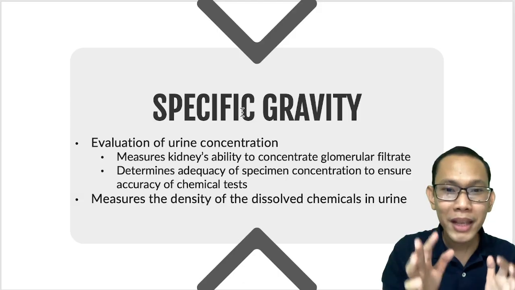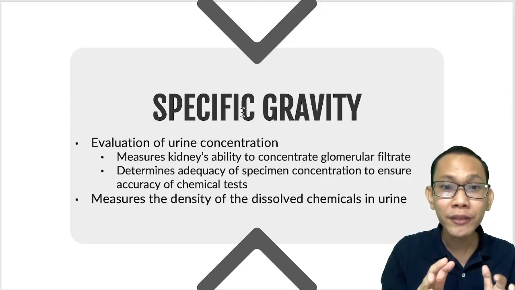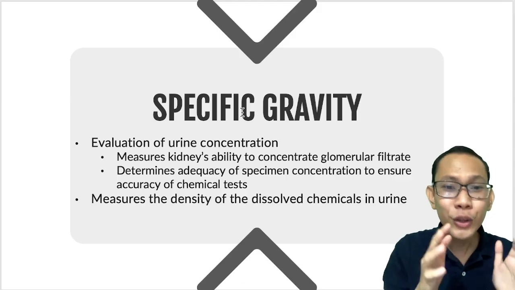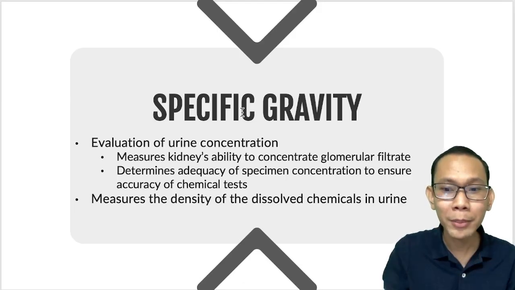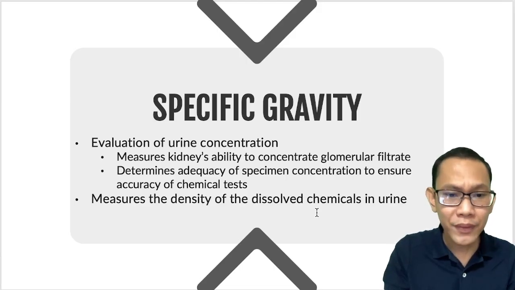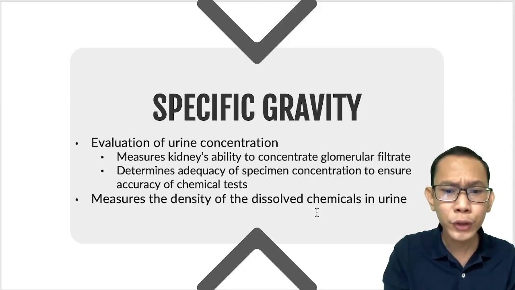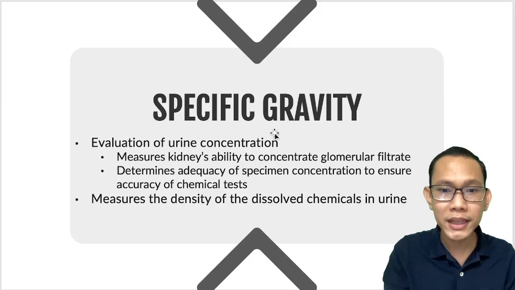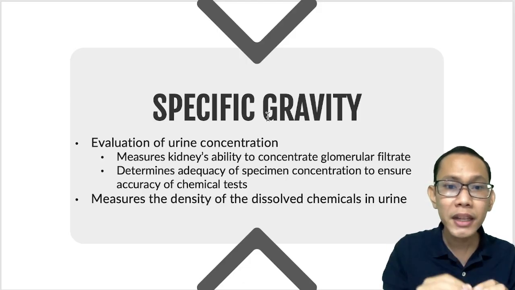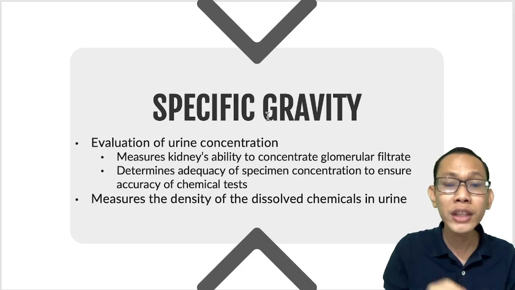So that makes water different from urine itself. The specific gravity of urine is a measure of the density of your dissolved chemicals in the specimen. So basically, density. We're talking about density sa ating specific gravity, referring to the solute rather than the solvent.